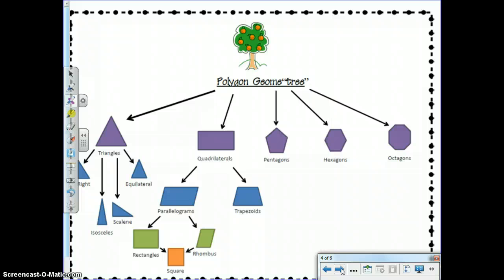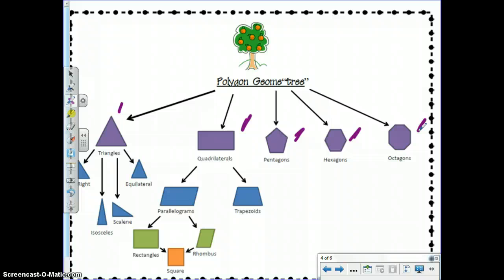Here's that polygon tree. You'll be seeing this a lot in our classroom. It shows you some very common polygons, like the triangle. This one here, that looks like a rectangle, we actually call a quadrilateral. Pentagon, hexagon. Here's an octagon. Basically, polygons are named for the number of sides and the number of corners, angles they have.